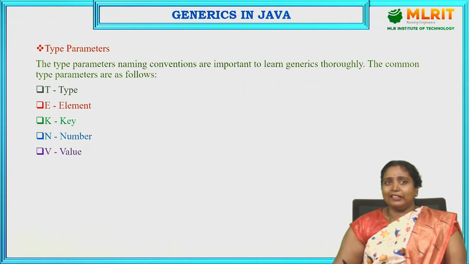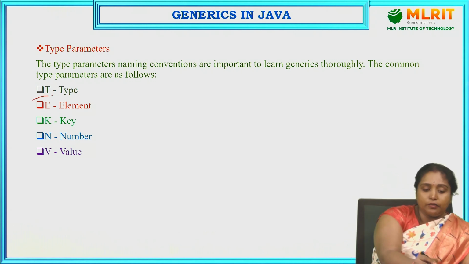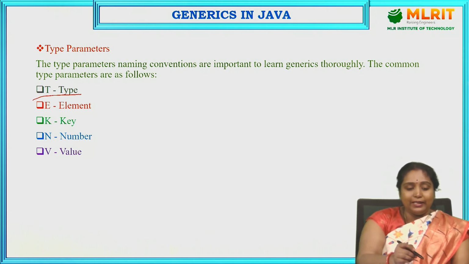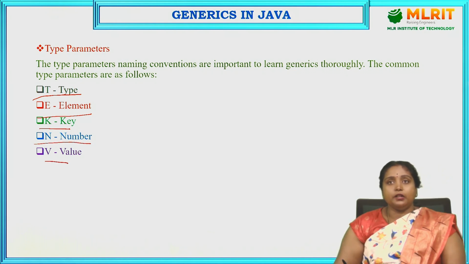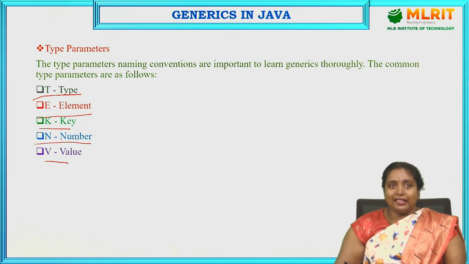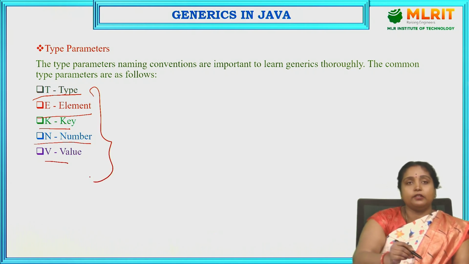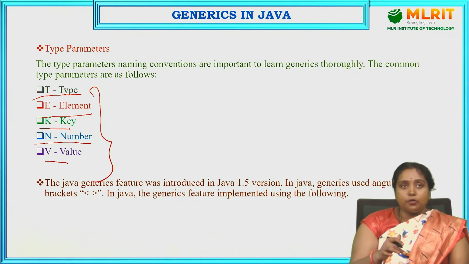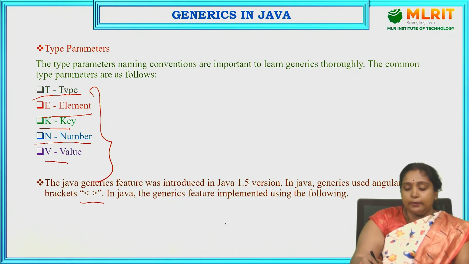These are the type parameters we can discuss here. T is type, E is element, K is key, N is number and V is value. These are the type parameters you have to learn in order to use generics, and we use them in angular brackets.